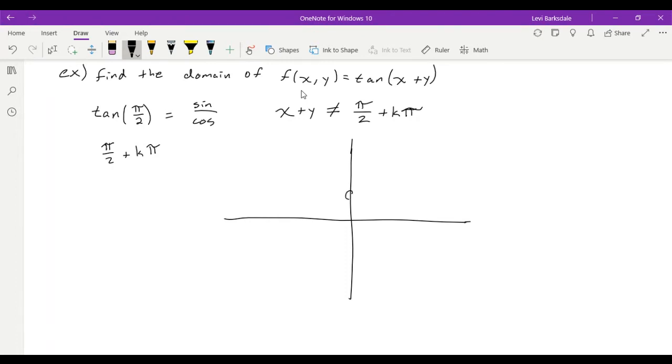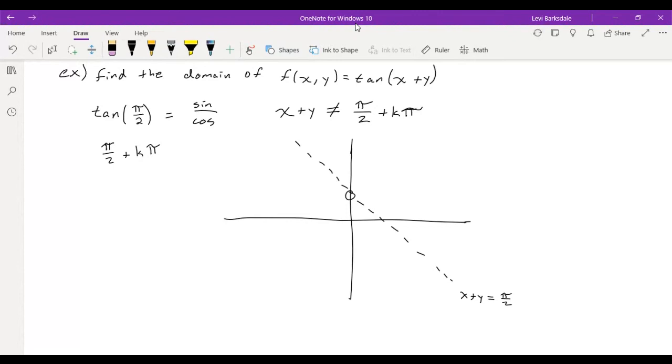So if you think about this, here is one line corresponding to x plus y equals pi over 2. Oops, I sketched that the wrong way. That should be this way, like that. There we go. And this corresponds to the line x plus y equals pi over 2.